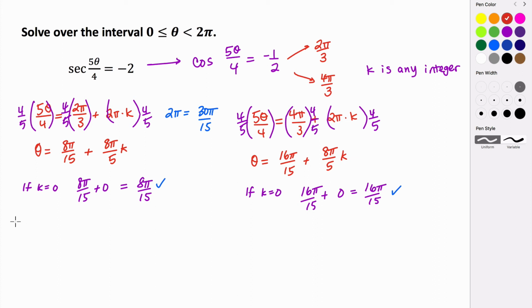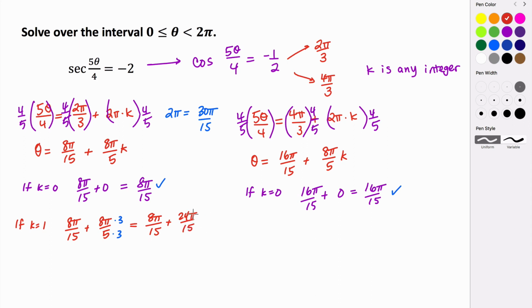What if k equals 1? Then we get 8 pi over 15 plus 8 pi over 5 times 1, which is 8 pi over 5. We need a common denominator, so we multiply by 3 on top and bottom to get 15ths. So we have 8 pi over 15 plus 24 pi over 15.